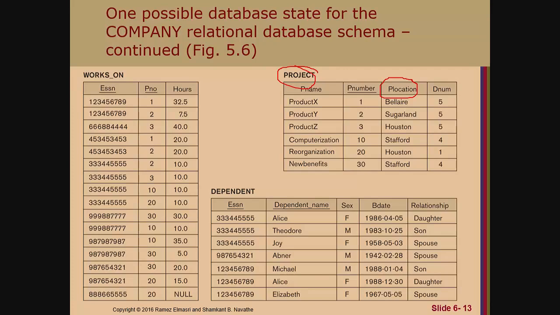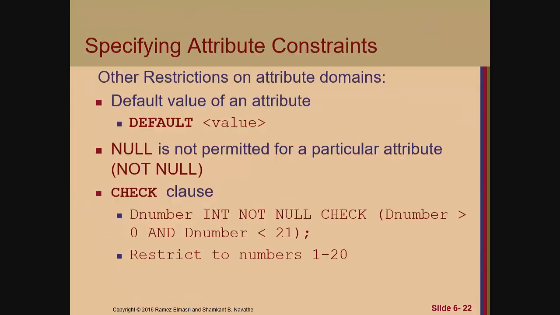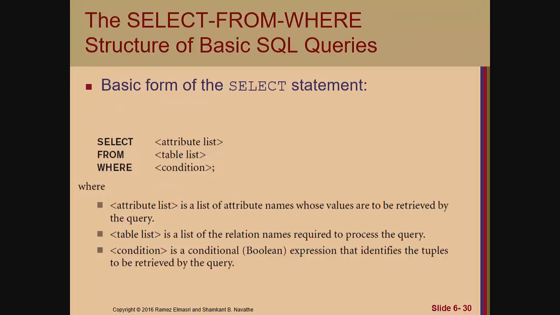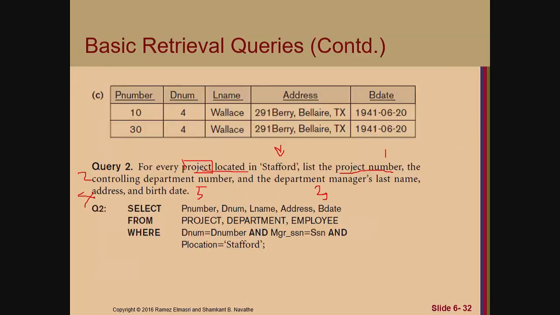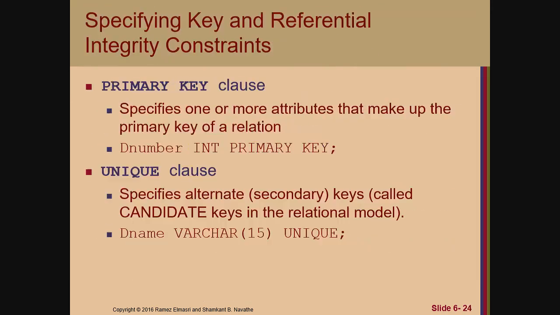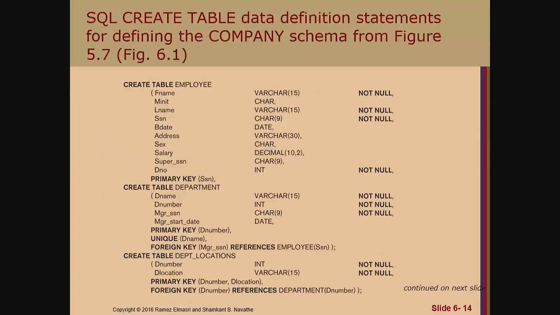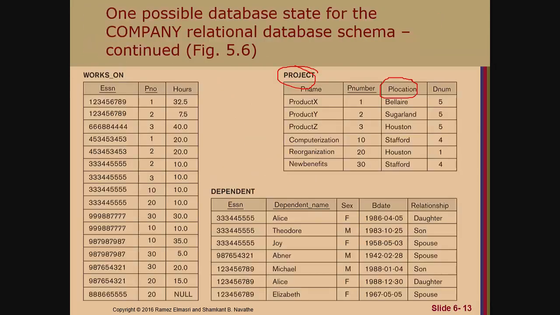Okay. And you want to know about the manager? No. They need the department number and the department manager's last name. Okay. So the table is department. We have the department number, referencing the department.